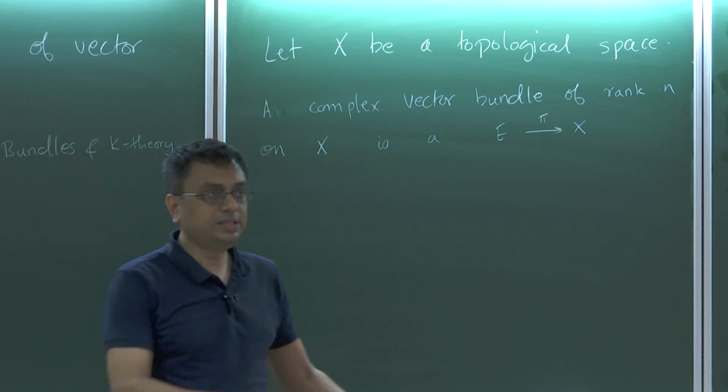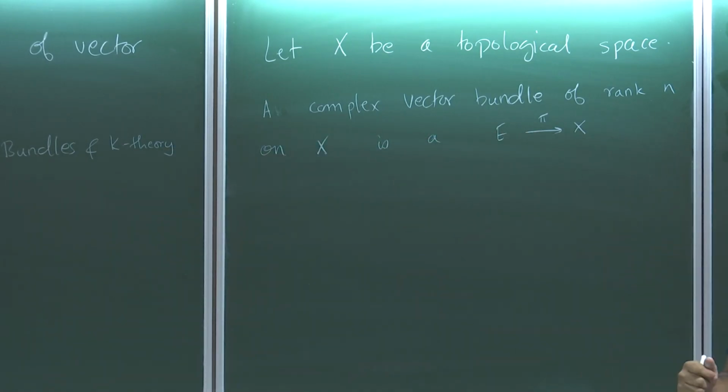So it's a topological space E with a map to X, and the fibers are complex vector spaces. That is the general idea, but a little bit more than that.